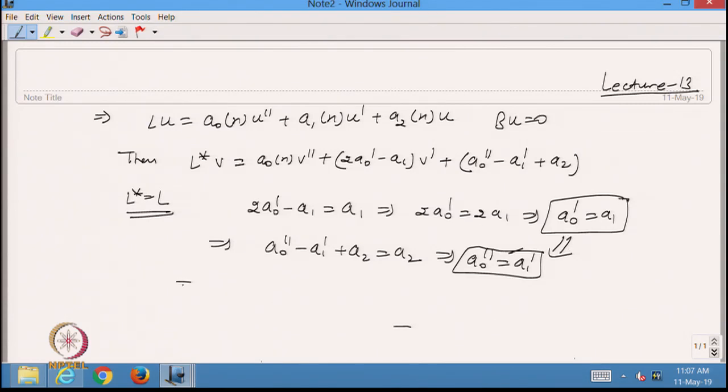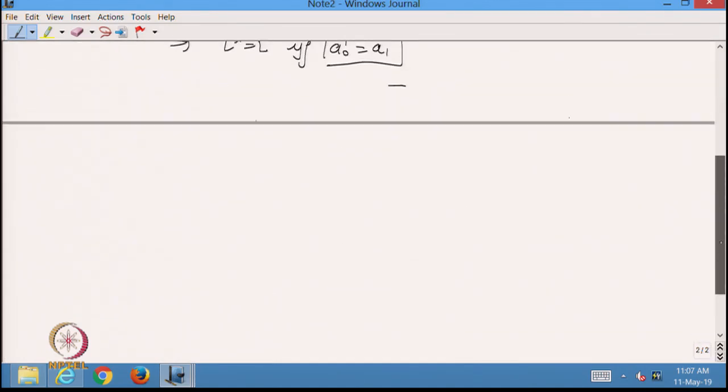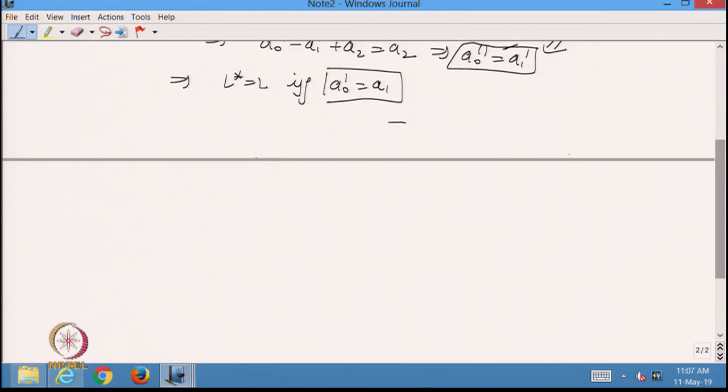So L star is equal to L if and only if A naught dash is equal to A1. If this is true, then the corresponding differential operator is the self-adjoint operator.